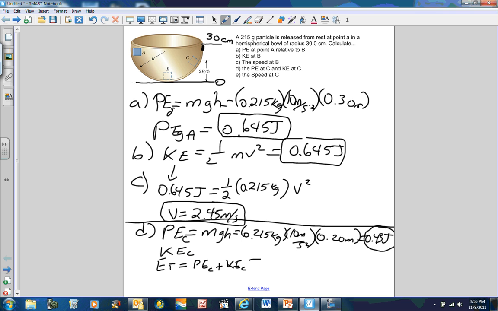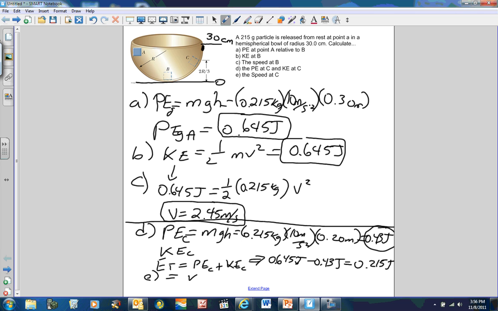So when we rearrange this, it's going to be 0.645 joules minus 0.43 joules, and that's going to equal 0.215 joules.